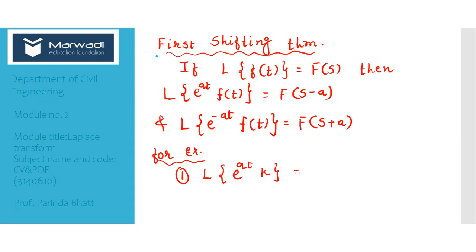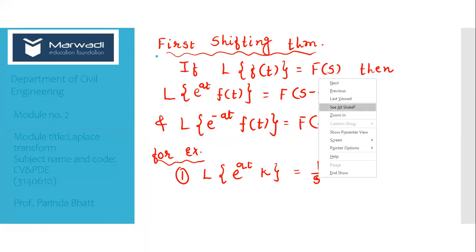Therefore we know the k formula: Laplace of any constant k is k by s. Therefore here it is k by s minus a.